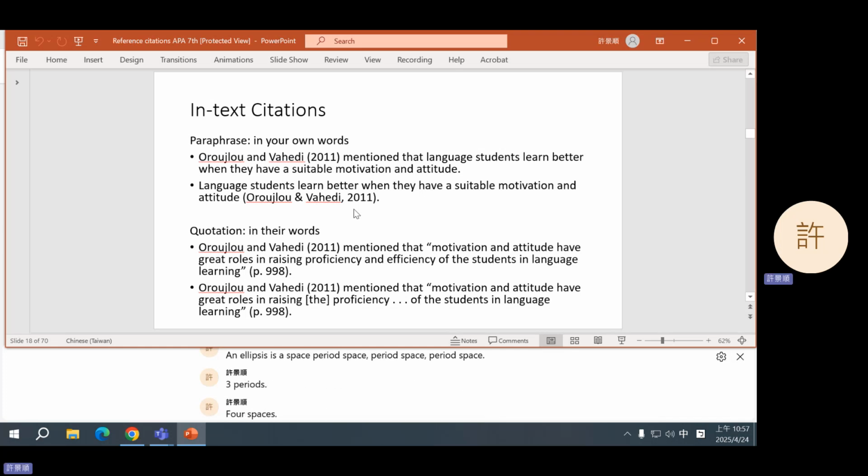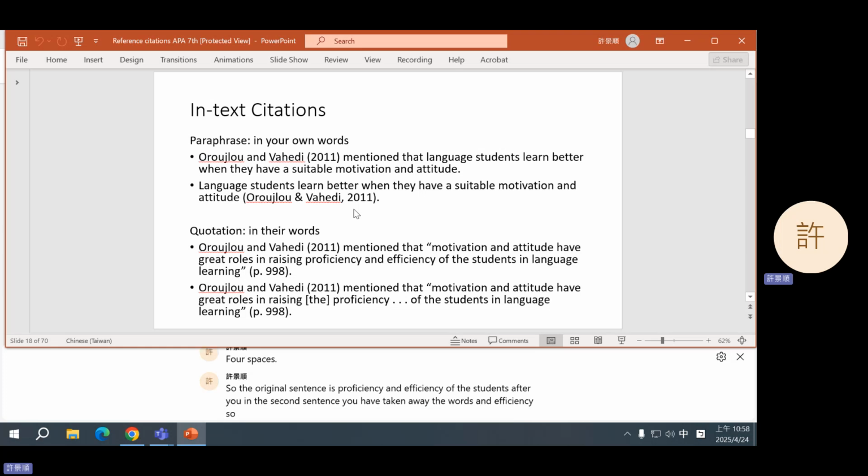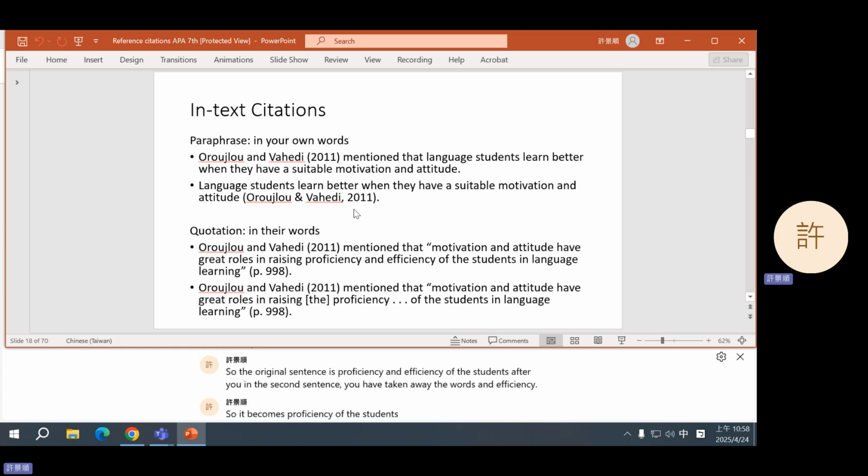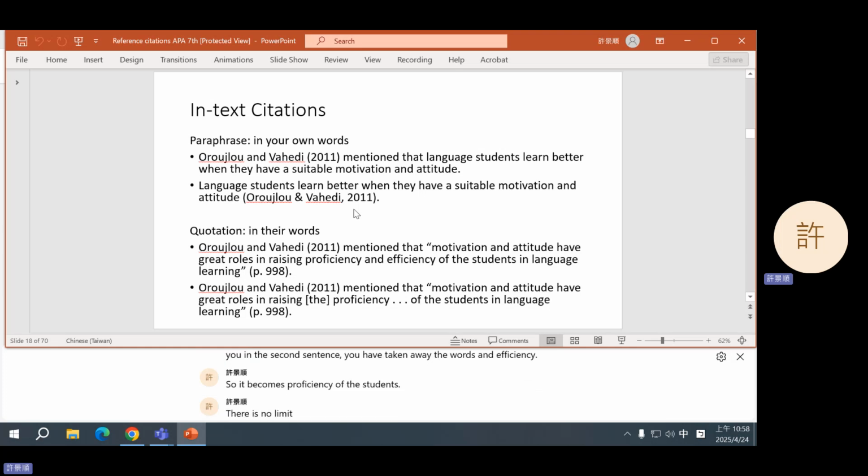So the original sentence is "proficiency and efficiency of the students." And then in the second sentence, you have taken away the words "and efficiency." So it becomes "proficiency of the students."